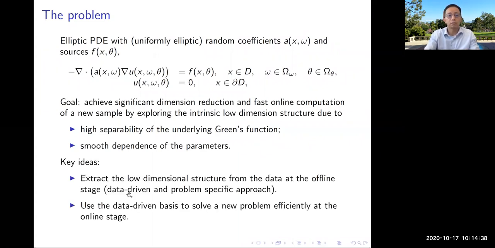The idea is quite simple. If you have a lot of data from this family of problems or measurements, you extract the low dimensional structure. That means you extract a basis, a data-driven and problem-specific basis. Once you have this low-dimensional linear space, everything becomes how to find the coefficients.